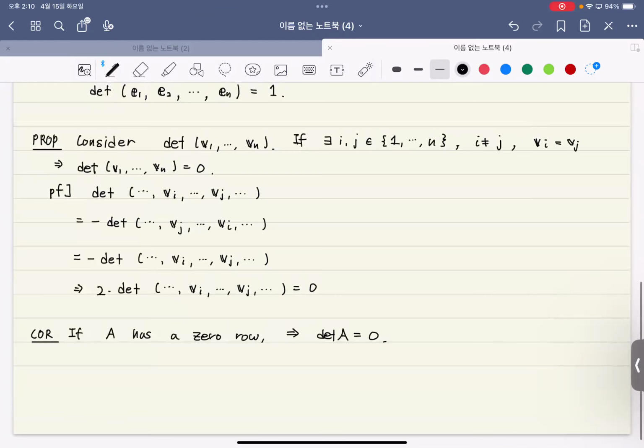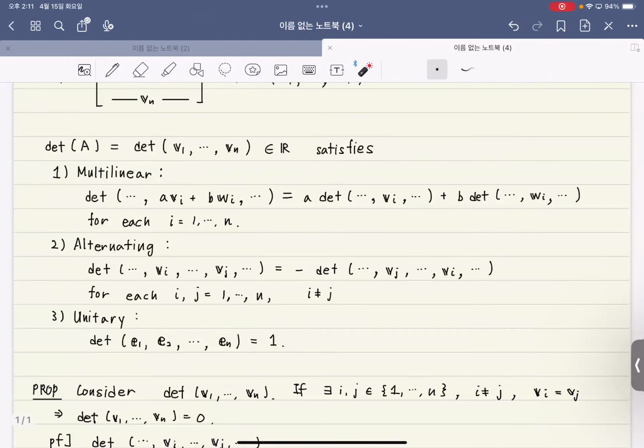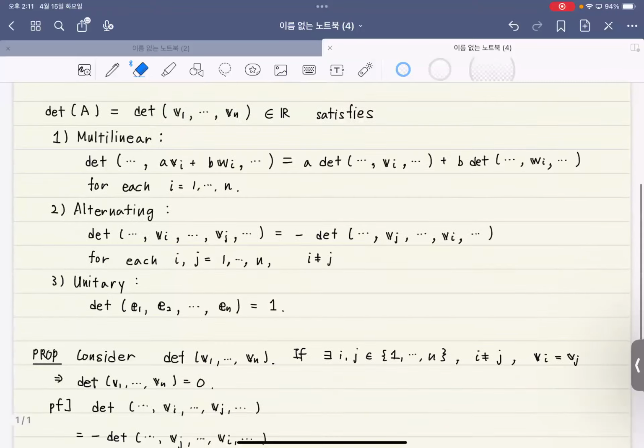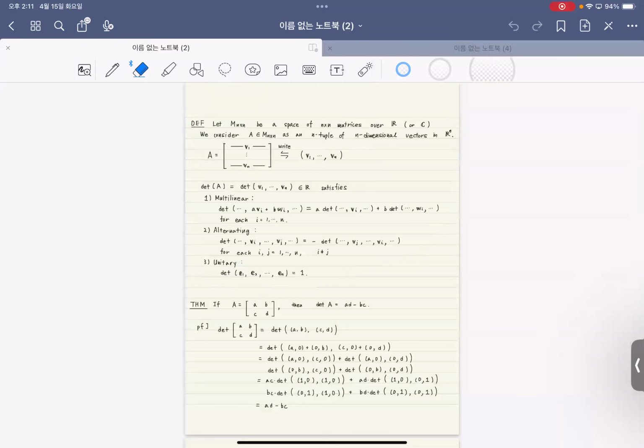And by now, some of you might be wondering, can you specify one exact function which satisfies all these three properties? It turns out there is only one function satisfying these three properties at the same time, at least when your matrix is a 2 by 2 matrix.